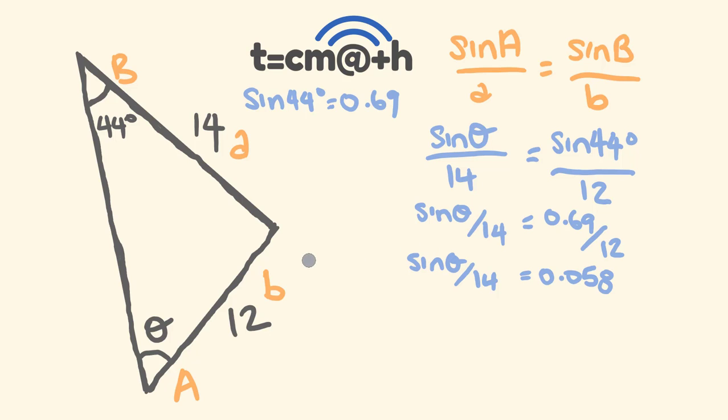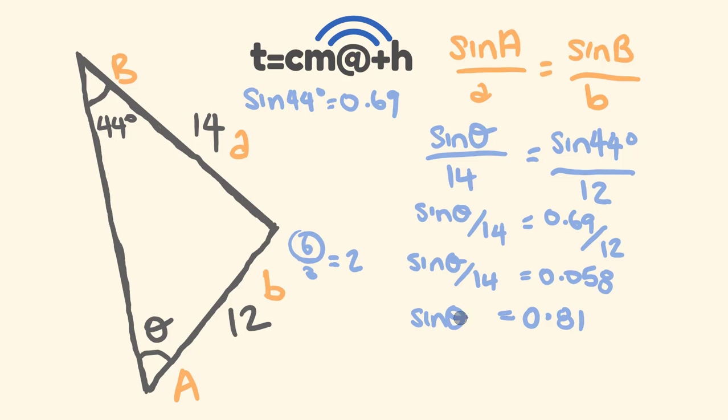Okay, so how are we going to solve for sine theta here? Well, like before, we could do this old 6 over 3 equals 2. We're after the number on the top, so we're going to multiply these two numbers. So sine theta is equal to 14 times 0.058, which is equal to 0.81.